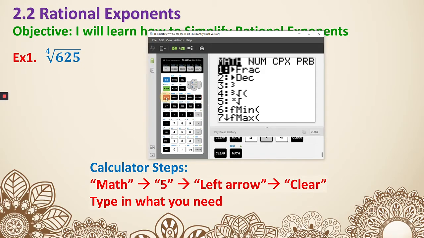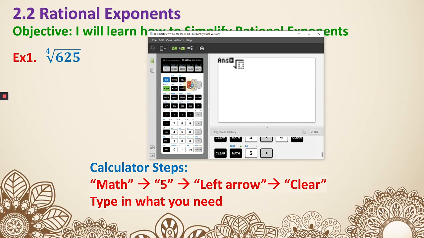So we start with math, then click number 5, and click the left arrow to get the cursor inside the answer part. We're going to clear it, then type in 4, move the arrow to the right, inside the radical sign, then type in 625. Click enter, and that gives us the answer 5.